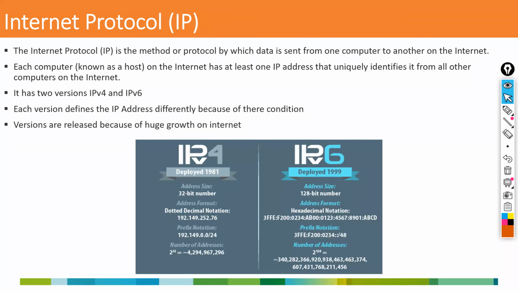Source means source IP address, destination means destination IP address. If you have a source and destination, then only it's possible to communicate. If you have a destination but not the source, or the source but not the destination, then it's not possible to communicate.